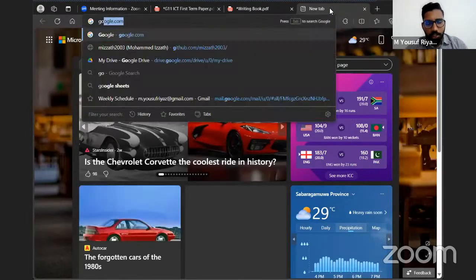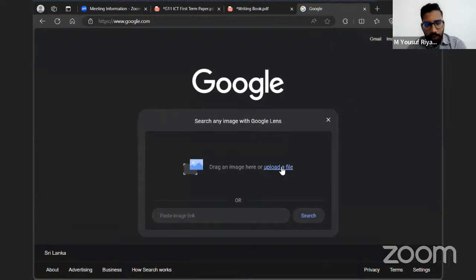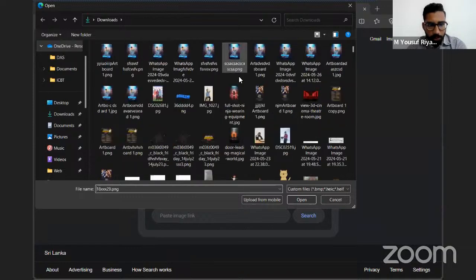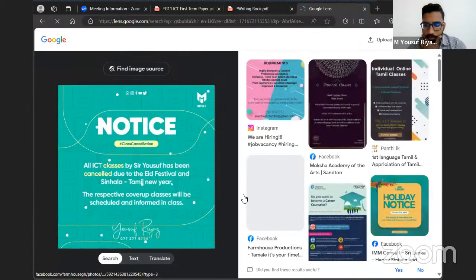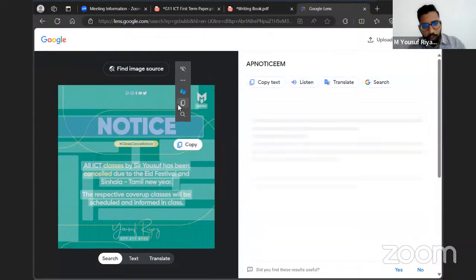Actually, Google has OCR integrated into it. If I go to google.com, click on this image icon and select a specific image, so for example, let's say I took this image. I upload the image here to Google. I can copy the text from this. See, I can copy this word. If I click on it, I can copy it from here.